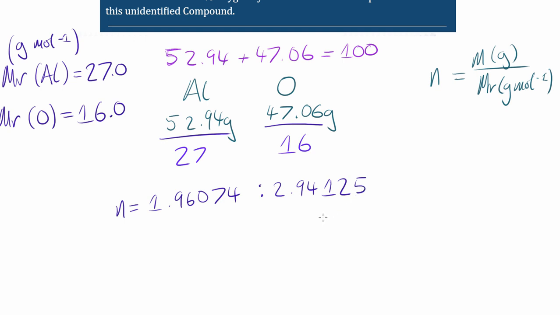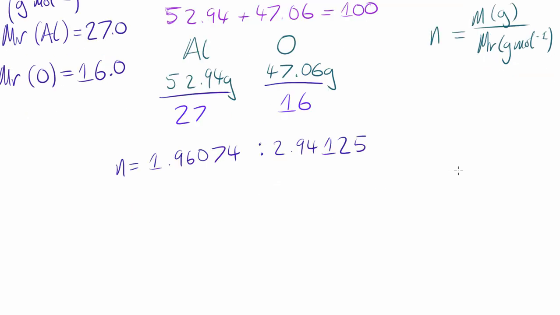Right, and as you can see, we don't have a whole number ratio at the moment. We have something that's quite close to a whole number ratio, right? I mean, if we did happen to round the Al value to 2 decimal places, we wouldn't get a whole number.